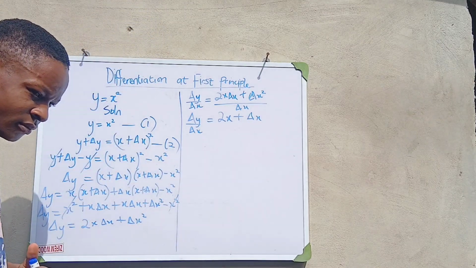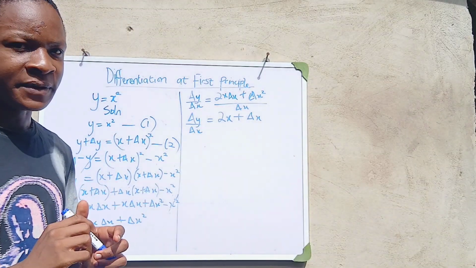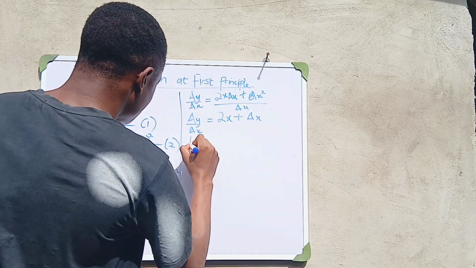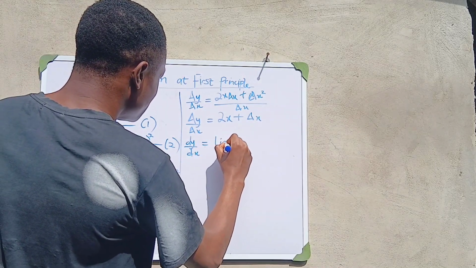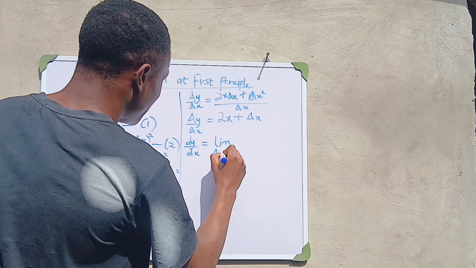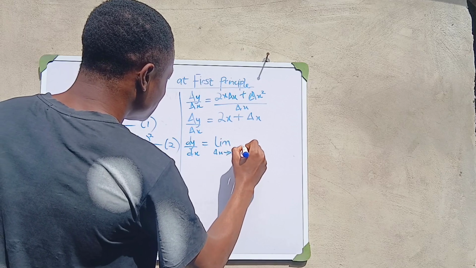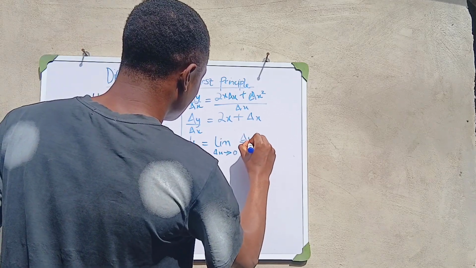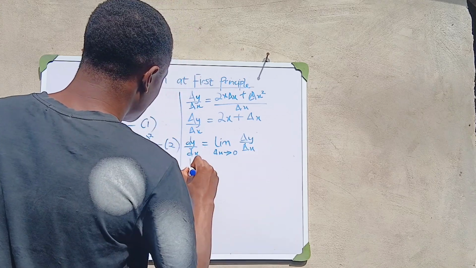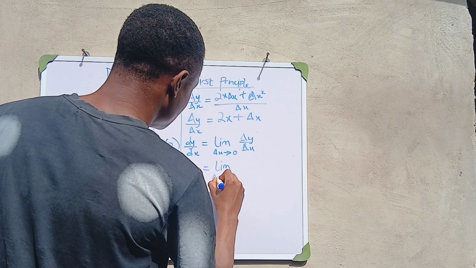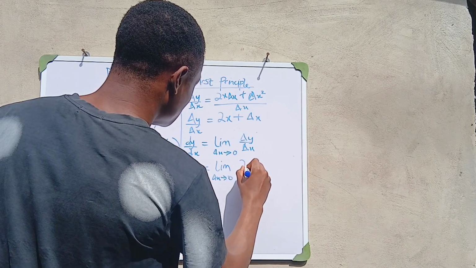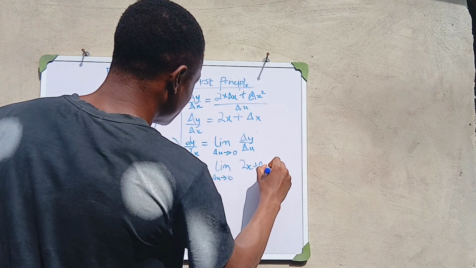So now for us to find our differentiation, we have dy over dx is equal to the limit of change in x approaching 0 of change in y over change in x. So we have dy over dx is equal to the limit as change in x goes to 0 of 2x plus change in x.